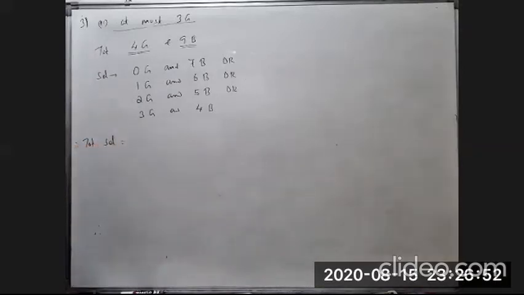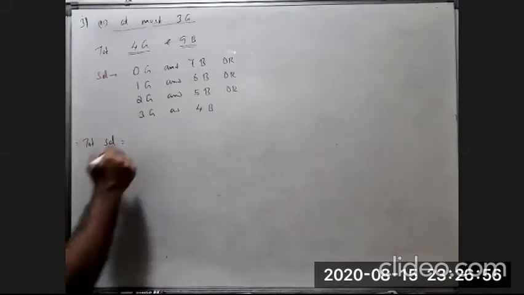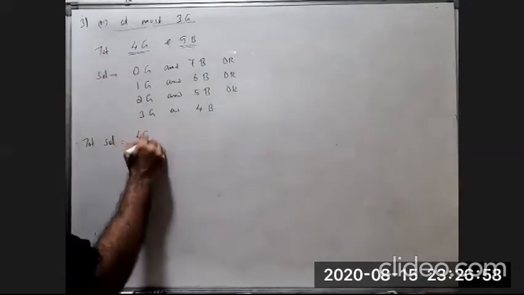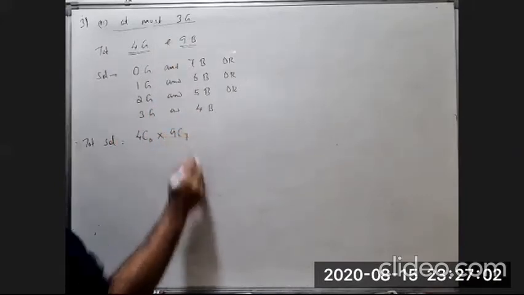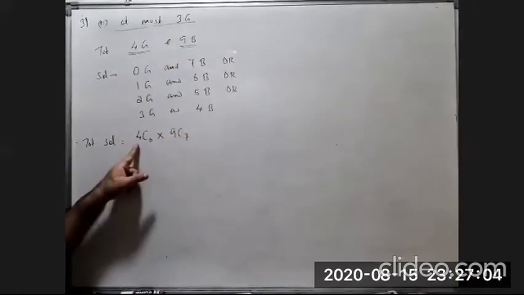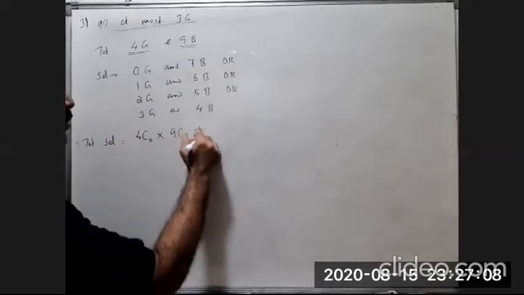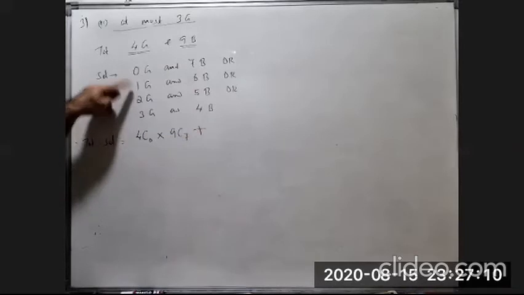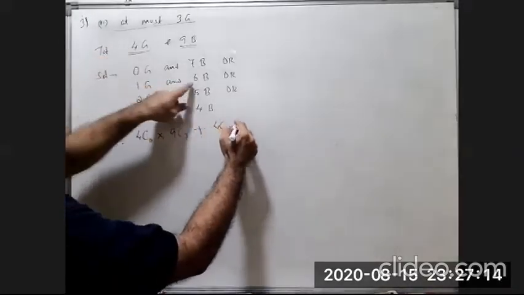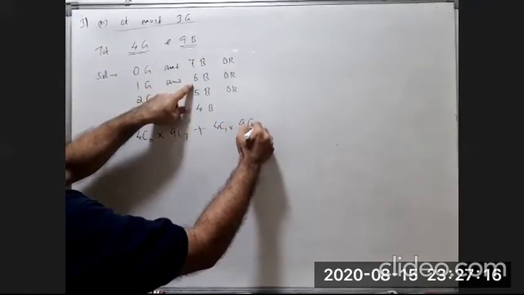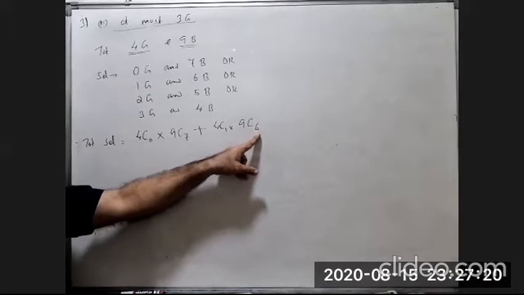Therefore, total selection: from 4 girls, 0 girls can be selected in 4C0 into 9C7, that is 0 girls and 7 boys. Or plus 1 girl from 4, so 4C1 into 9C6, 1 girl and 6 boys.